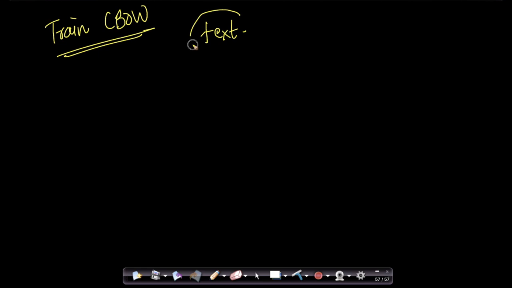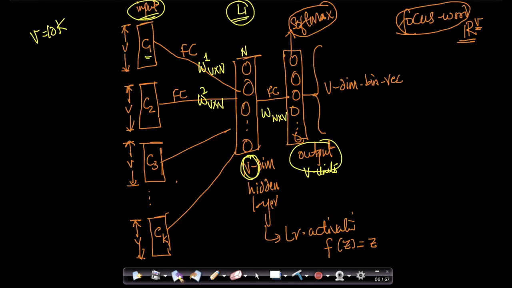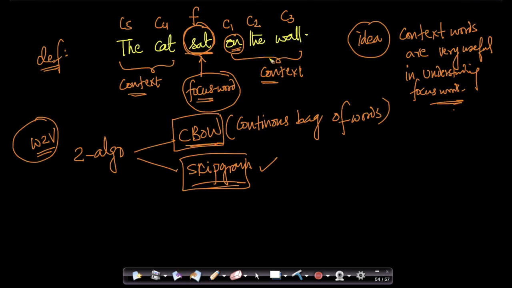You take all of your text, maybe all of Amazon food reviews text. Now create these combinations of focus word and context words. This is just free-flowing text, so from one sentence like this, I can say my focus word is sat and my context words are the cat on the wall.